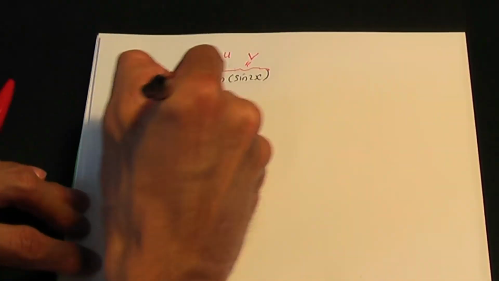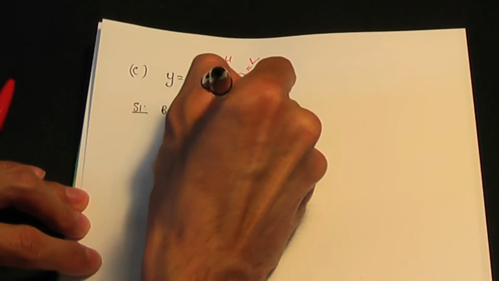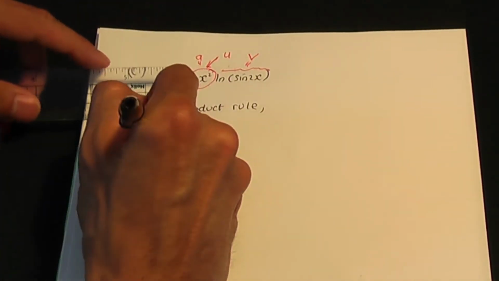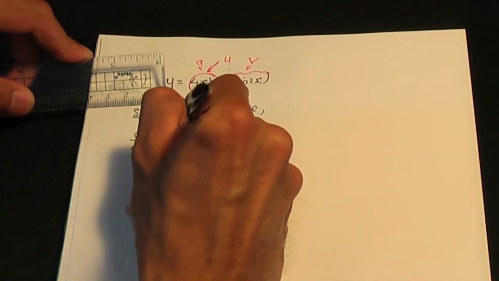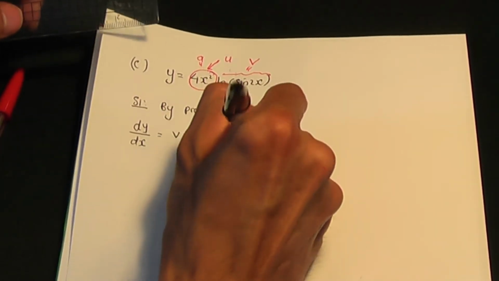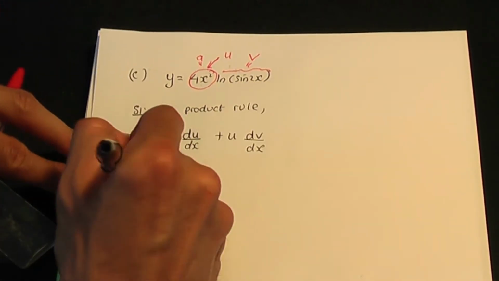Let's use the product rule. So step number 1, by product rule. Let me remind you of the rule. dy by dx, remember, for the product rule is v du over dx plus u dv over dx.